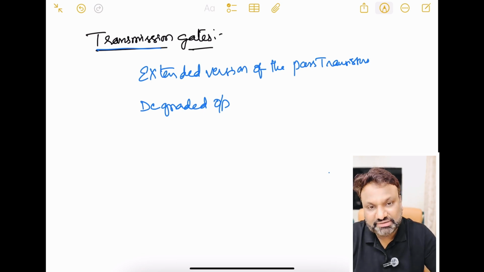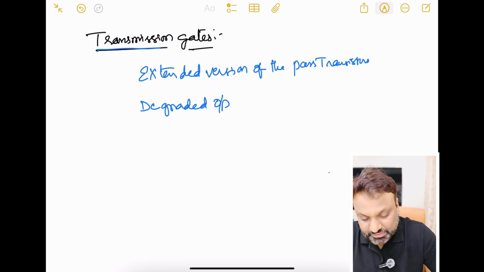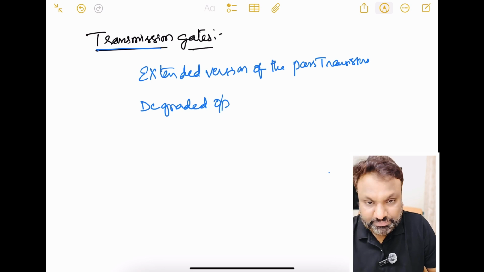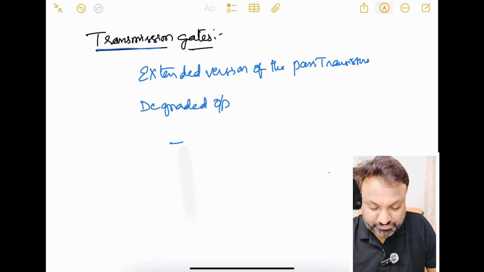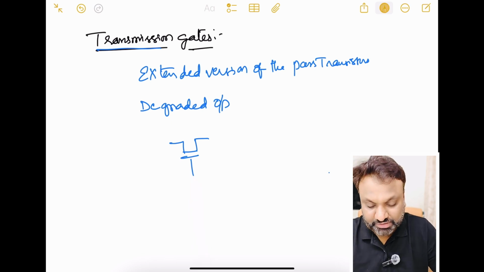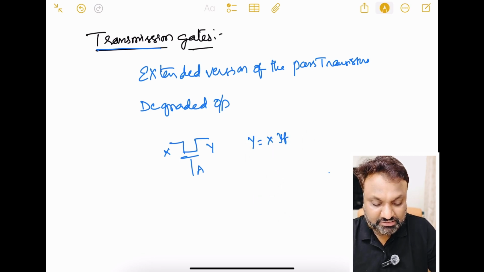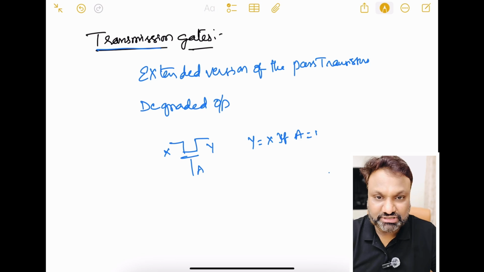So what is a transmission gate? You see here, initially, this is my pass transistor, with Y, X and A. So Y will be equal to X if A is equal to 1. That is the logic for an NMOS.